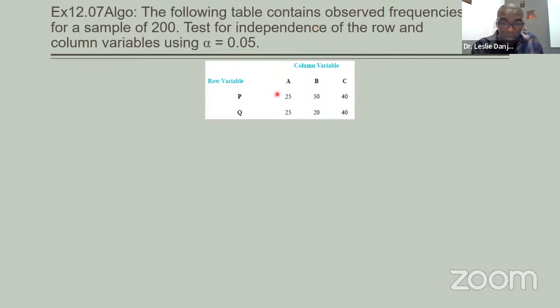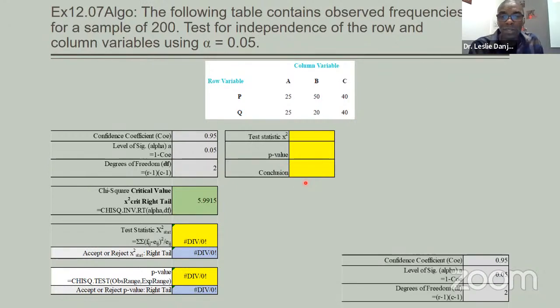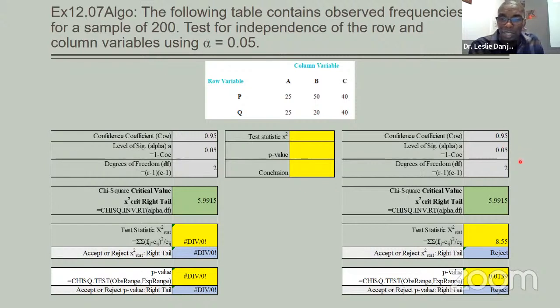So we're using the test for independence, and we're going to try with an alpha value of 0.05. So what they're asking for is the test statistic, the p-value, and the conclusion. So we get to plug in our information, get our answers, and determine whether to accept or reject, and what conclusion can we make.